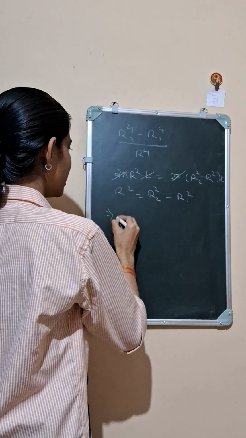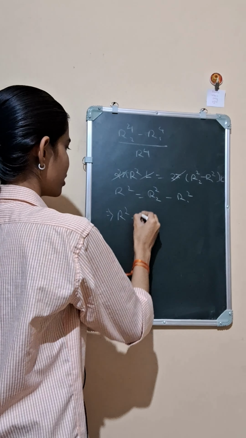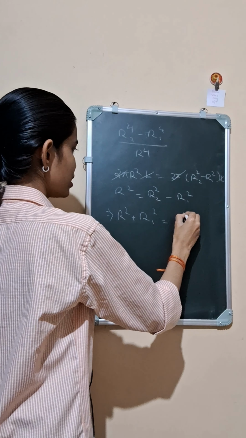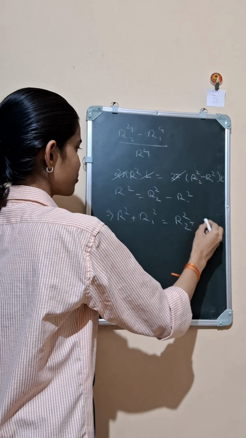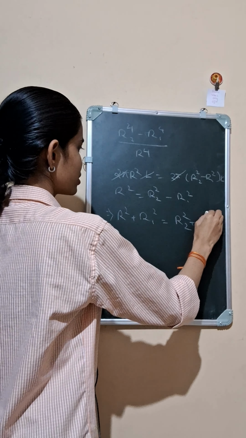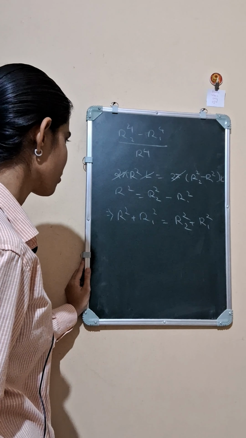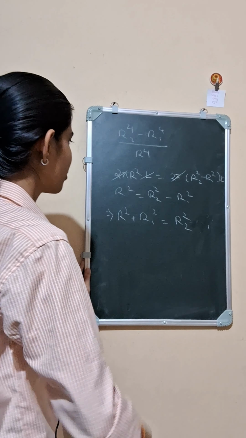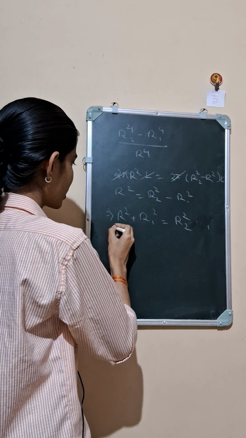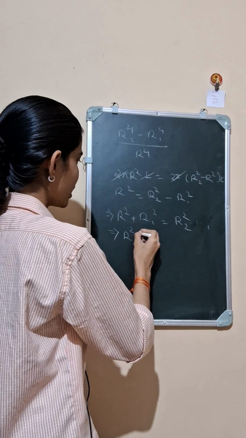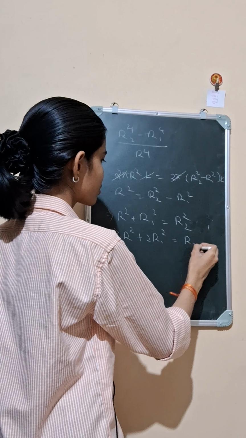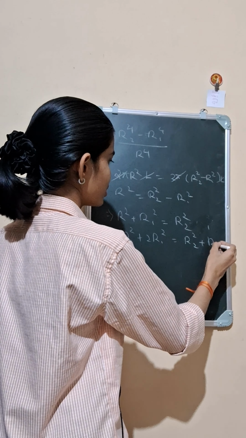Now I can say that r square plus r1 square equals r2 square. And if I again add r1 square, I will get r square plus 2 r1 square equals r2 square plus r1 square.